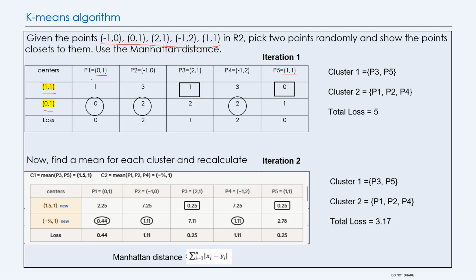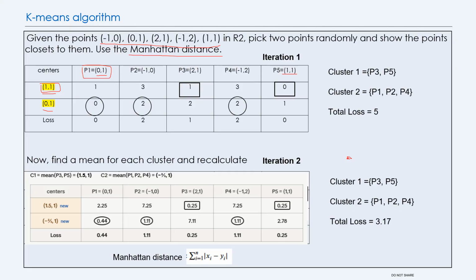So how do we compute the distance between 2 points? For example, take this point and this point here, which is (1, 1) and (0, 1). We'd like to find the distance between these 2 points. For that, we're going to use something called Manhattan distance. So what is Manhattan distance?